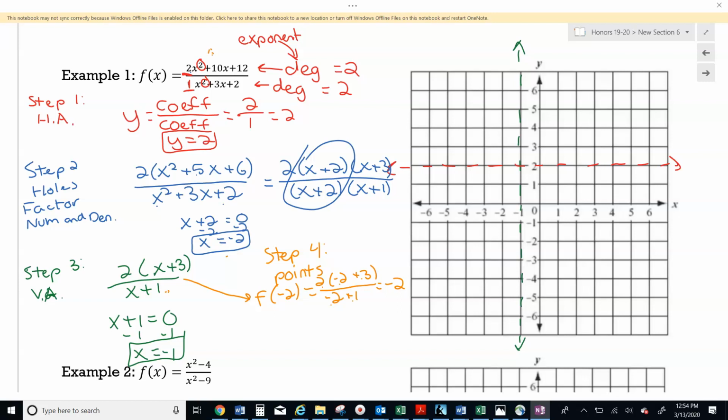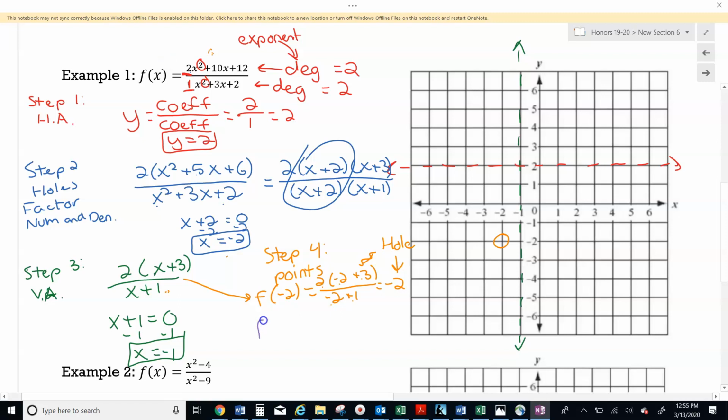Then this hole gets an open circle. You don't put a dot. Negative 2 gets a nice big open circle around it. Our graph doesn't touch that point. Now I can continue to find other points.